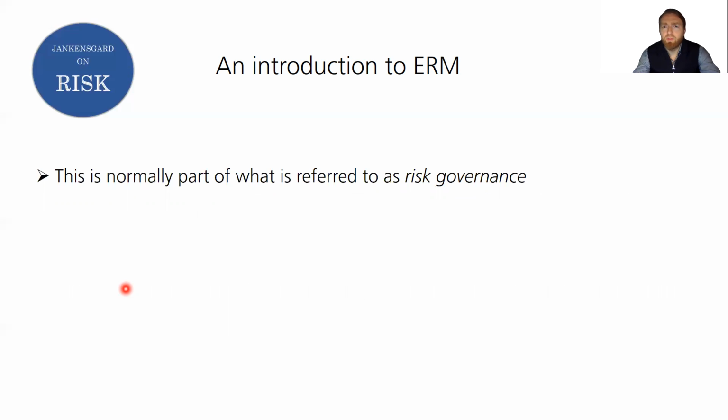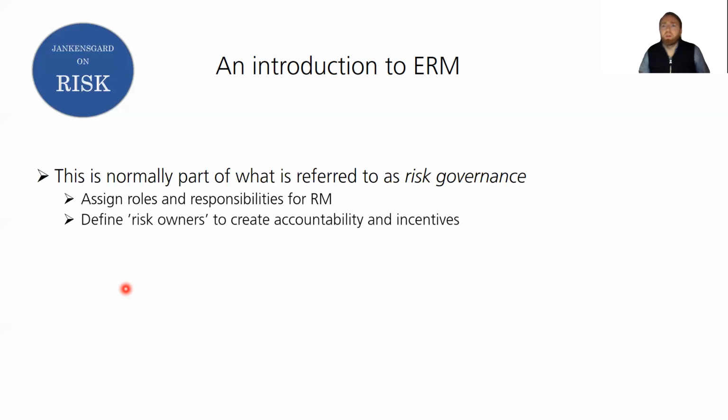All right, and what this means is that you have to have something like risk governance in place for this to work, where you basically assign roles and responsibilities in this process so that everyone knows what the expectations are here. And risk owners is a key term here. This is how it's usually worded.